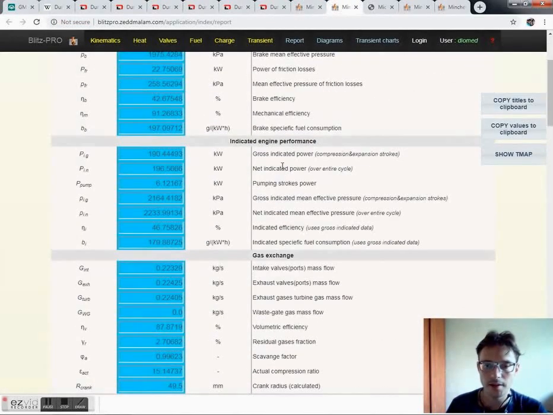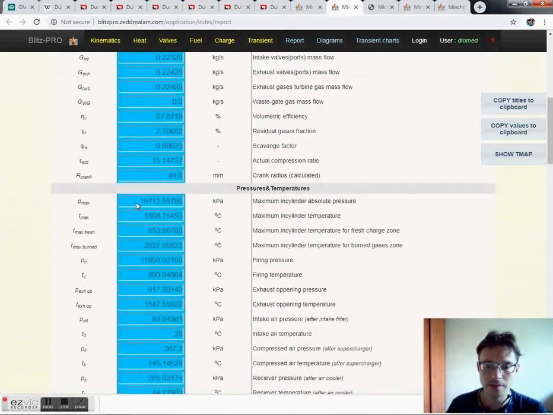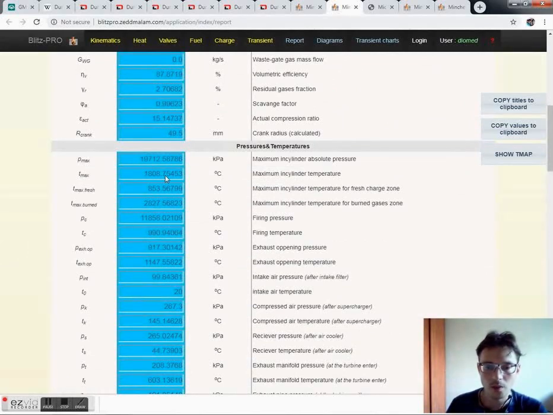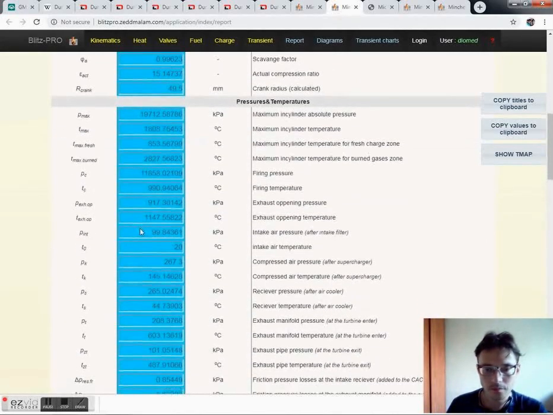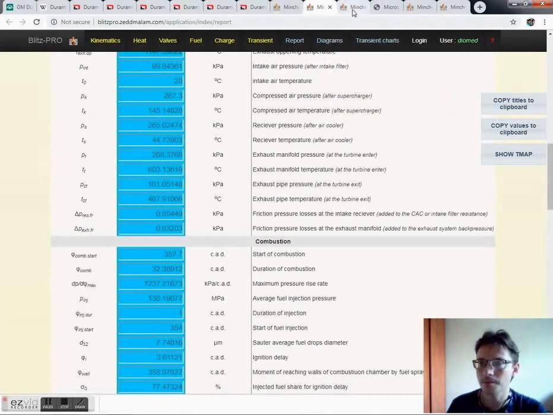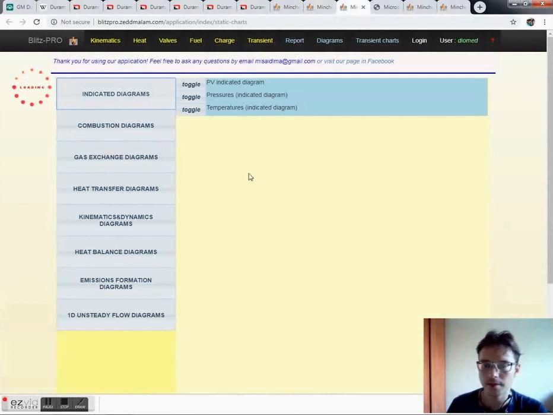As we can see, it has become significantly smaller, and also the maximum pressure rate has dropped by 4 times. Well, much smoother combustion. Let's have a look at the indicated diagrams and combustion diagrams.